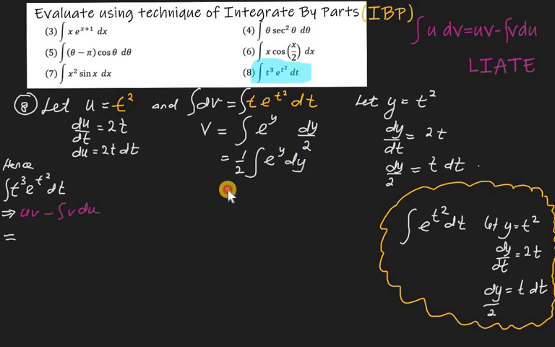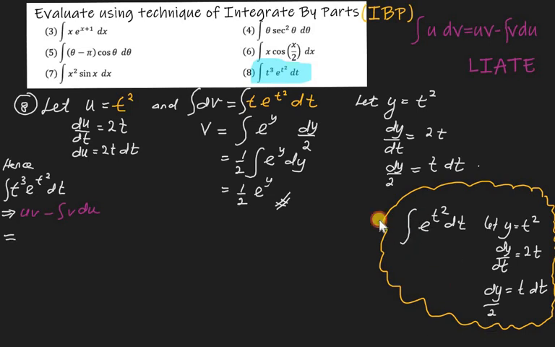So let's integrate. Integrating e to the power x dx is e to the power x. Here we have our variable as y, plus a small c, or you can just put the c down later on. So the idea is you have to get that v and you have to be able to integrate, so we can solve the integration to get to that v.